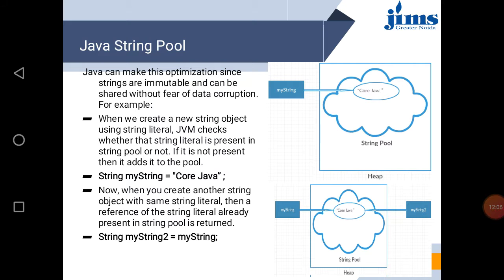And suppose you are creating any other reference that is my string 2, and you want to save the same value core Java. So it will not create a new object, but a reference will be allotted to the new variable also. So both my string as well as my string 2 will show the same object core Java.